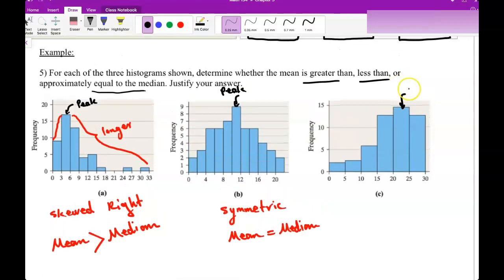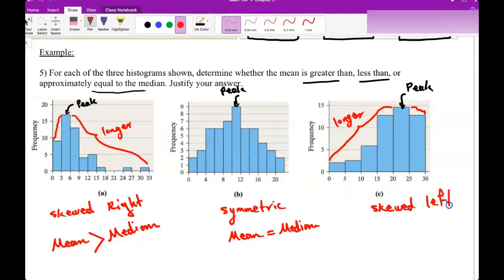Now here's the highest frequency that we have, and this left tail is longer than what we have on the right. So this is longer, and we have skewed left. Since we have skewed left, mean is less than median.